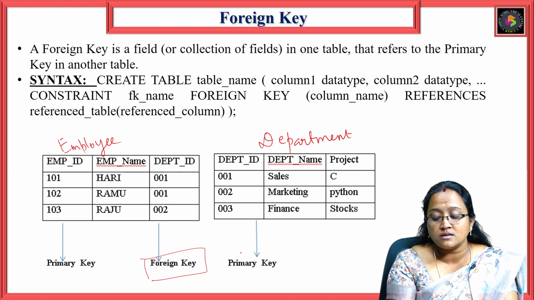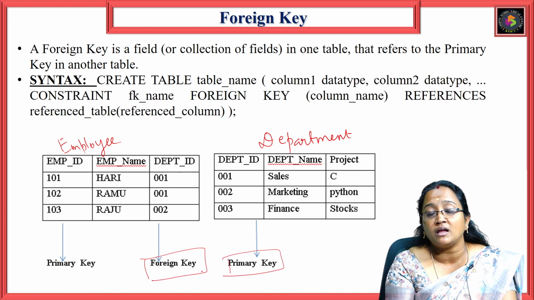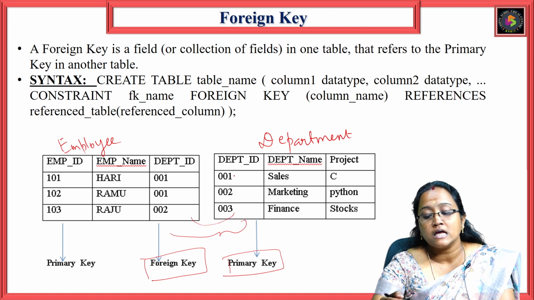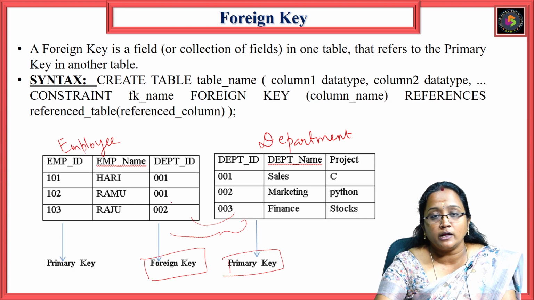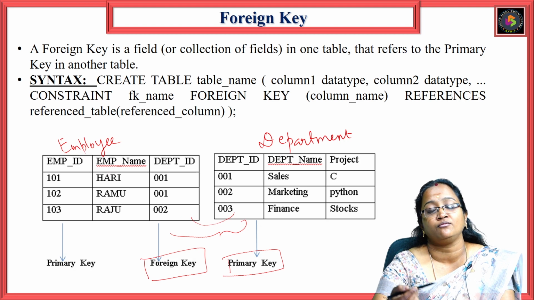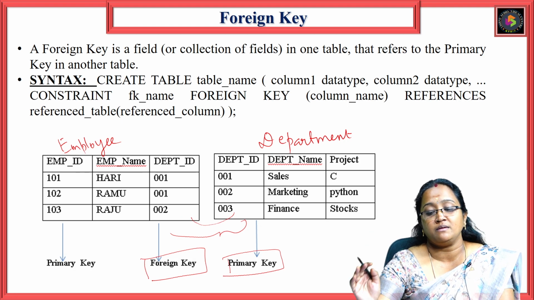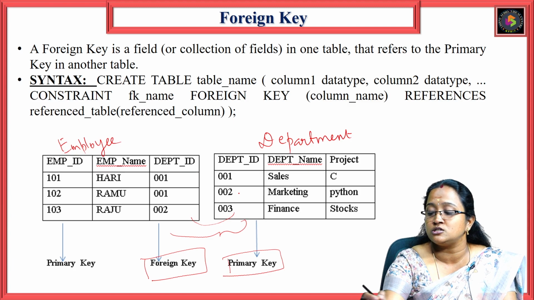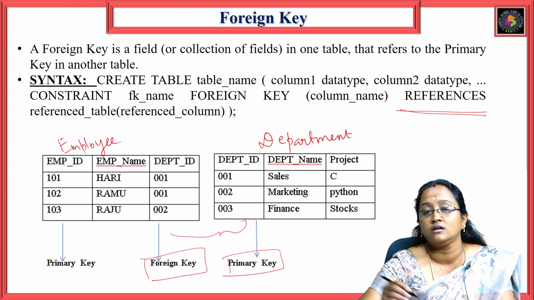The foreign key is the key which is the primary key in another table. So these two are the reference. This department ID is referred to in the employee table. So the department ID in the employee table is a foreign key, and department ID in the department table is a primary key. That's why we are giving the REFERENCES keyword.